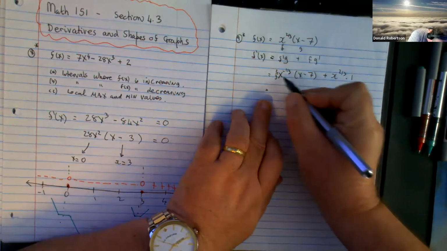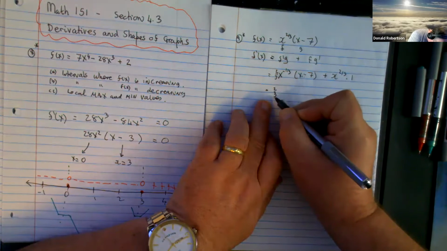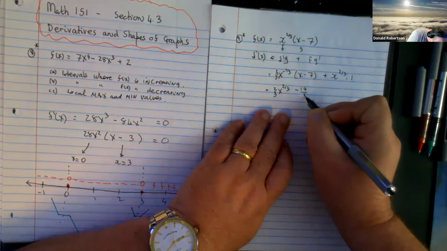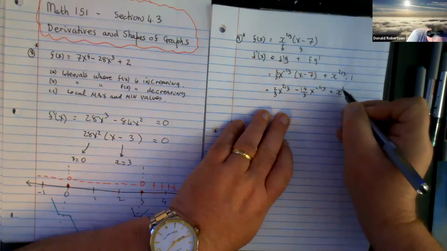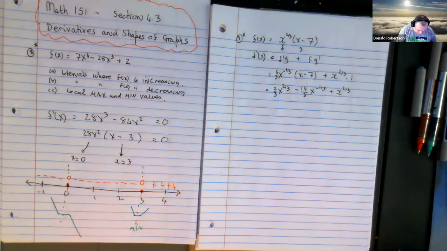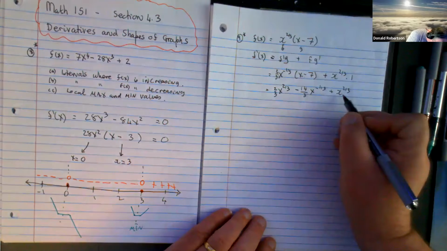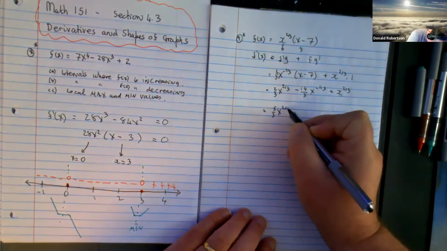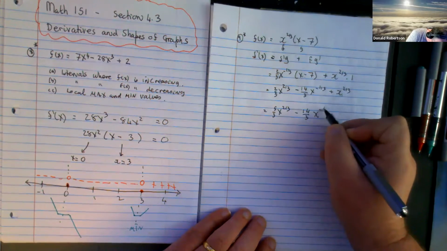If you multiply this through, you get 2/3 x to the 2/3 minus 14/3 x to the negative 1/3 plus an x to the 2/3. Are you okay with that? Now, these two are the same, so you end up with 5/3 x to the 2/3 take away 14/3 x to the 1/3.